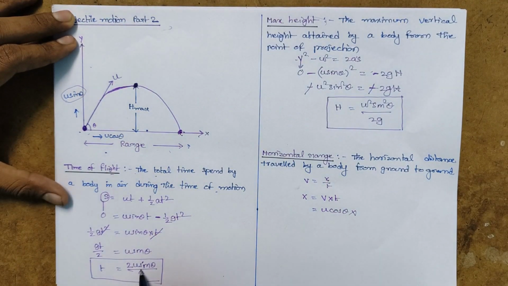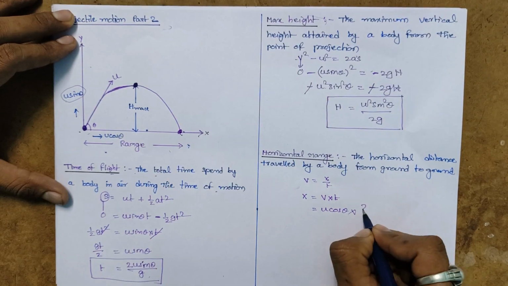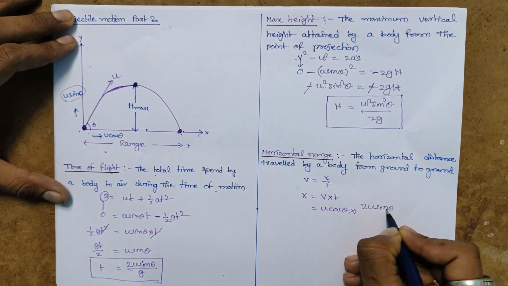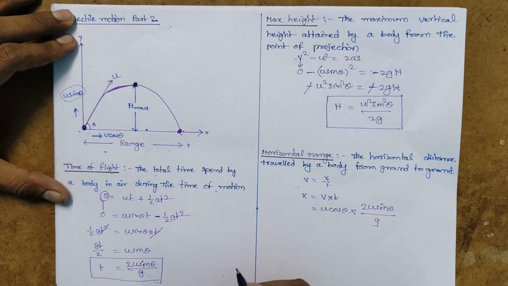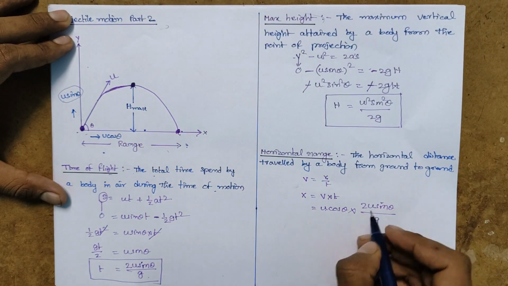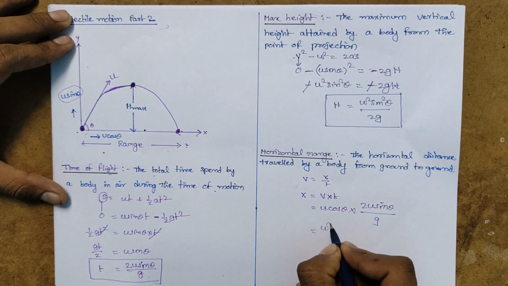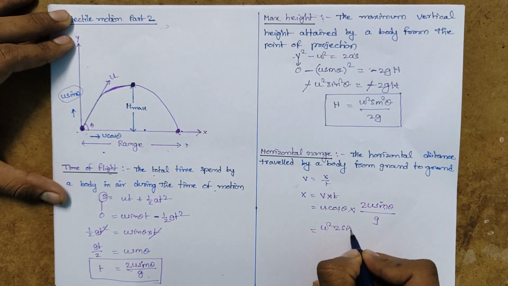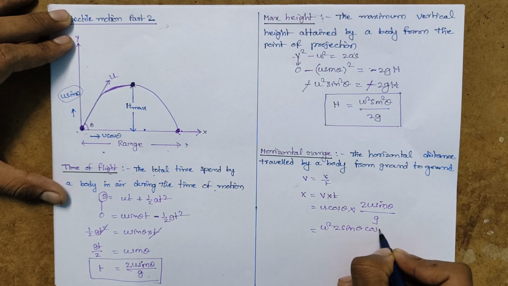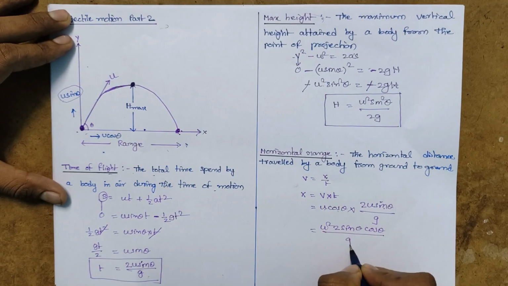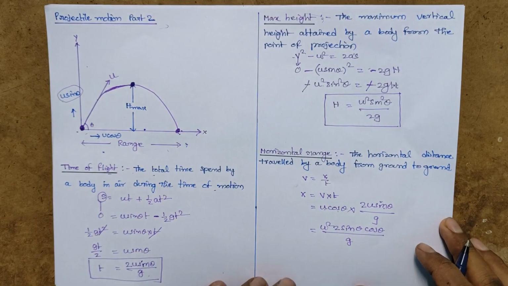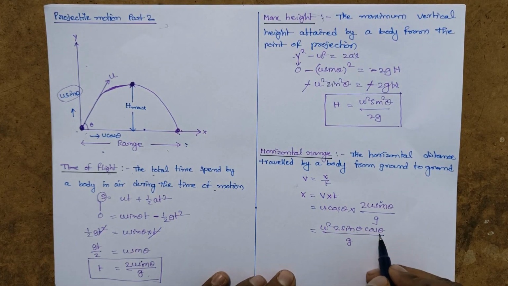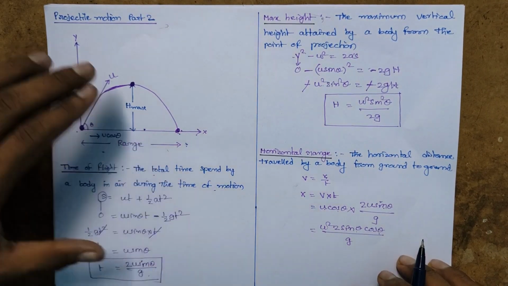What is the time of flight formula? 2u sin theta by g. Okay. So u into u gives u square, 2 sin theta cos theta by g. So in trigonometry, there is a formula: 2 sin theta cos theta value is sine 2 theta.